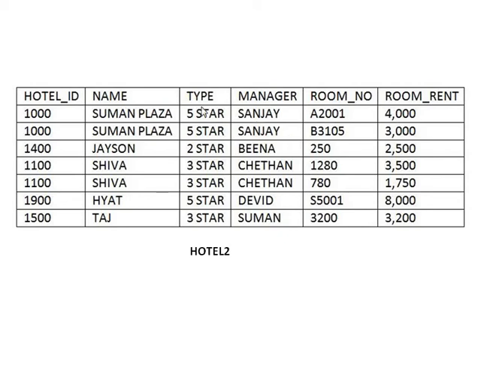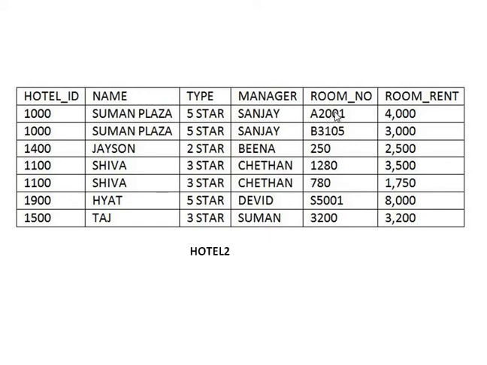Because of that, you can divide this relation with redundancy into two different tables. One is Hotel 1. In the previous example we have seen Hotel 1 with only 4 columns, with no duplication. So why do we need duplication here?